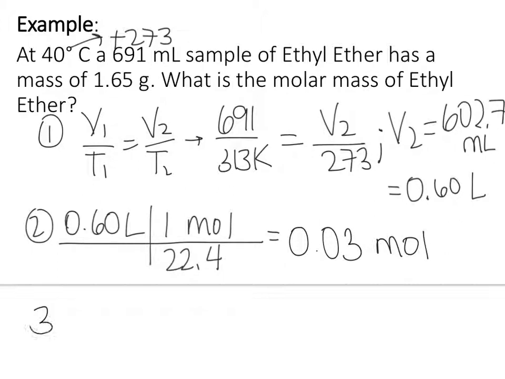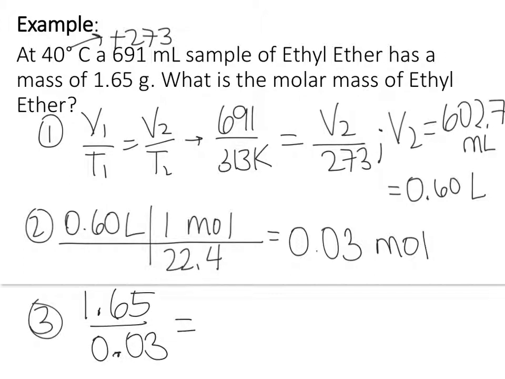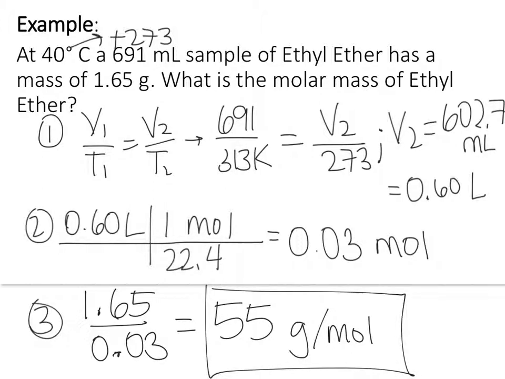Lastly, if that's how many moles there are, and that gave us this many grams, we want to figure out how many grams would there be in just one normal mole. That's the definition of molar mass. So 1.7565 divided by 0.03 gets you 55 grams per mole, which is our final answer.